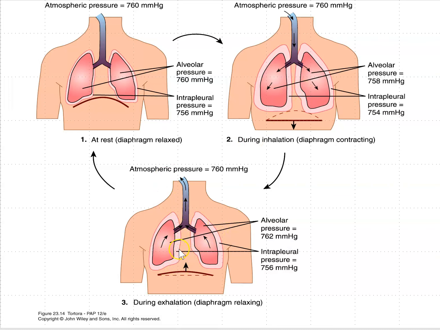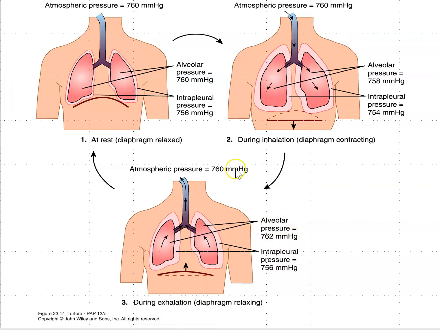During exhalation, the diaphragm relaxes, so it pushes up, and the external intercostal muscles relax. The chest and lung recoil, and the pressure of the alveolus increases above atmospheric pressure.